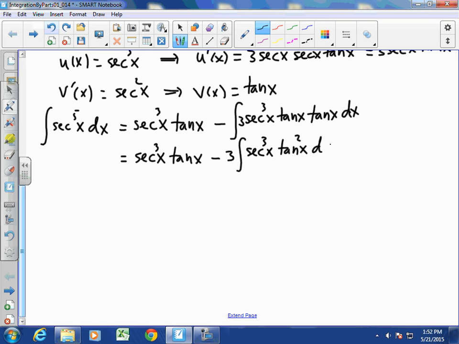Now, you may also recall that tangent square x is secant square x minus 1.